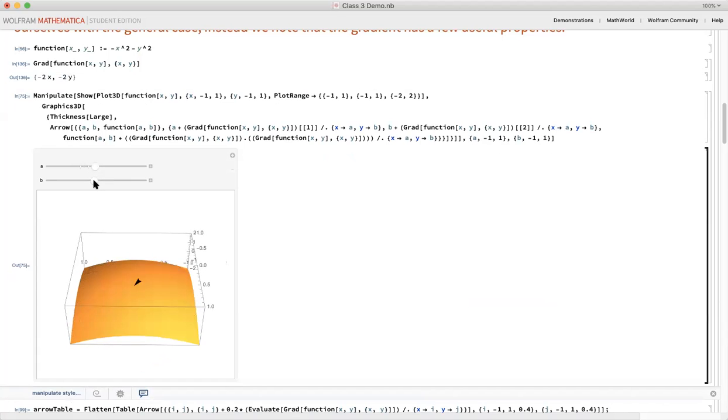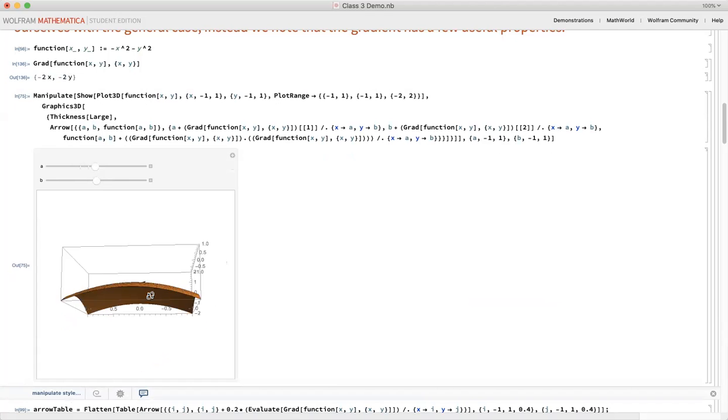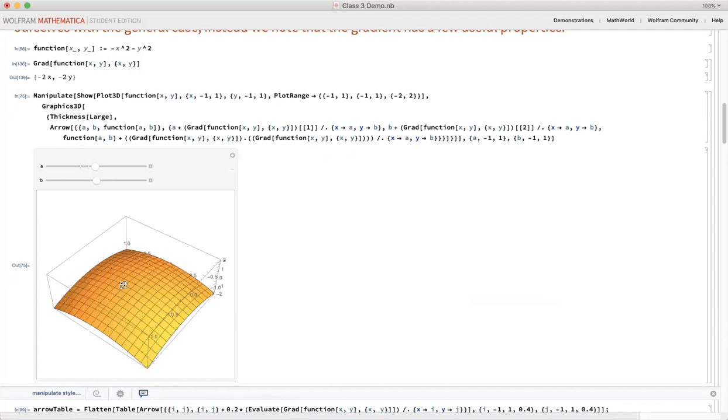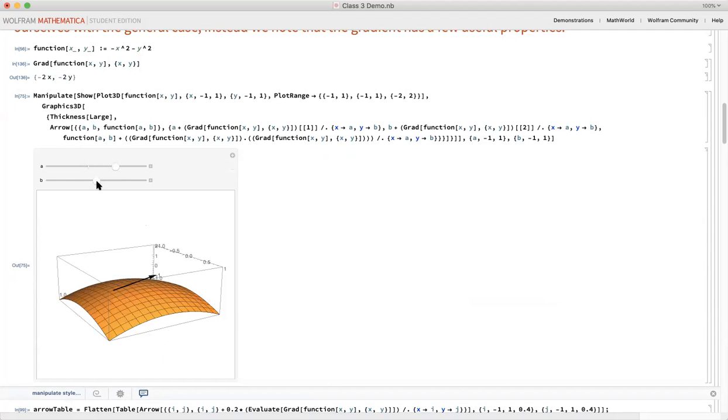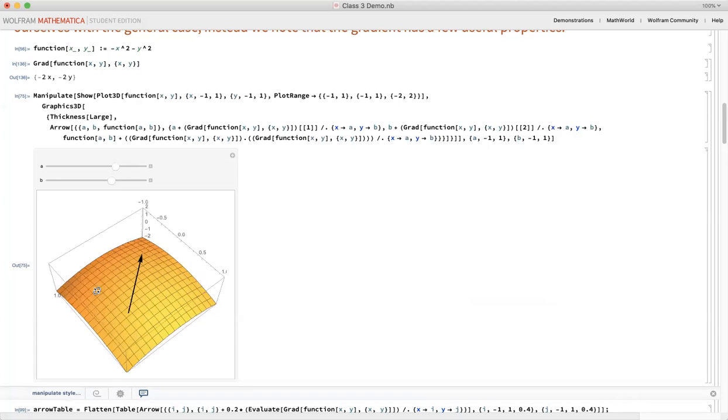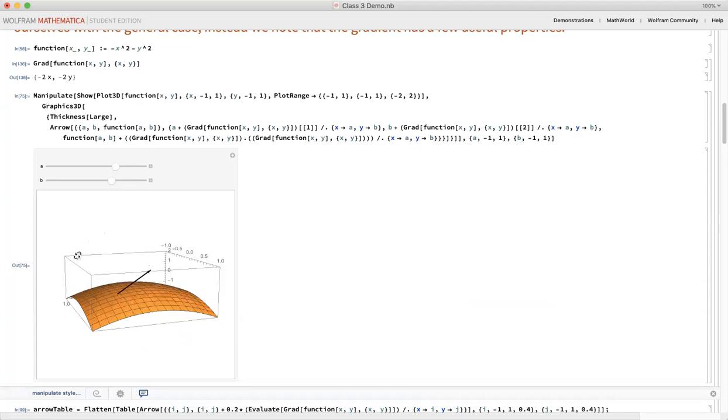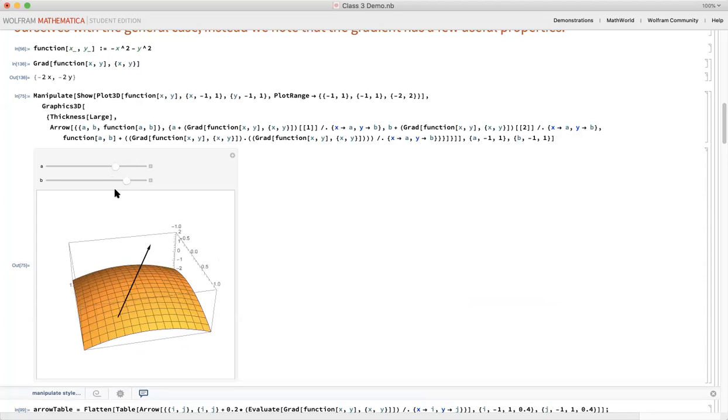There's actually a reason I'm doing that, which will become obvious as we play with this a little bit more. First of all, we note that if we're at exactly the origin, our gradient is 0, right? That makes sense. And as we move along this surface, we can see that the gradient always points up the hill. Now, we have this intuitive notion in our head of up a hill. If you're climbing up a mountain, that's an actual direction.